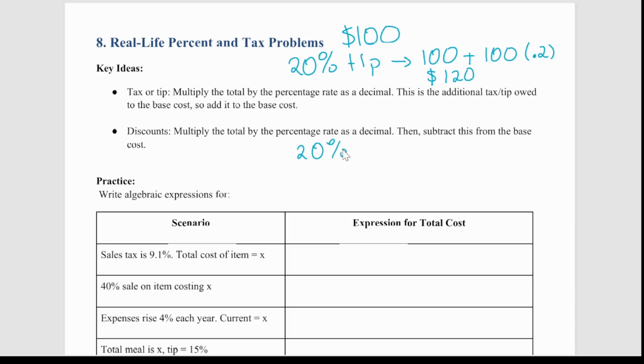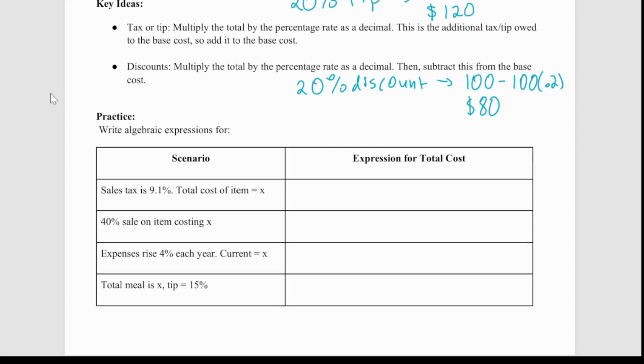Versus if you had a 20% discount, the way that would look instead is you would take 100 minus 100 times 0.2, which would give you a total of $80. So you want to keep that in mind.